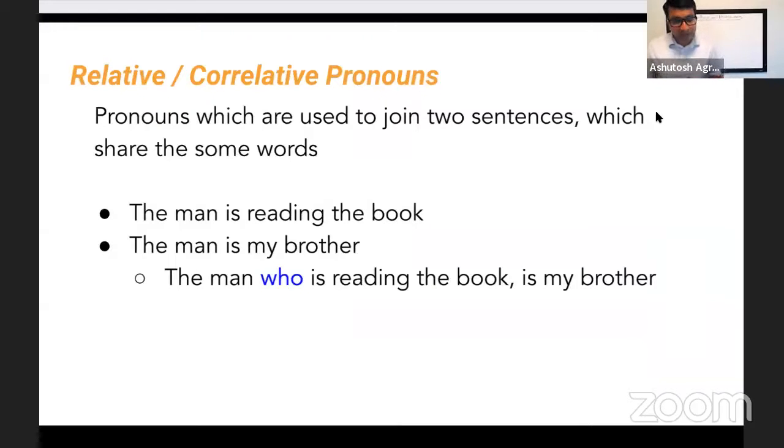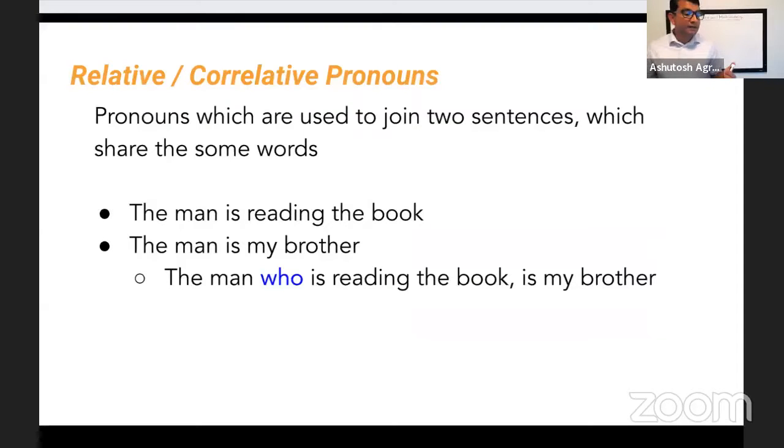So you would rather say the man who is reading the book is my brother. And we learned this who is not an interrogative. It's basically your relative and correlative. आदमी जो किताब पढ़ रहा है वो मेरा भाई है. So in Hindi, as opposed to saying the man twice, you would say jo and wo, okay? And we practiced around it.